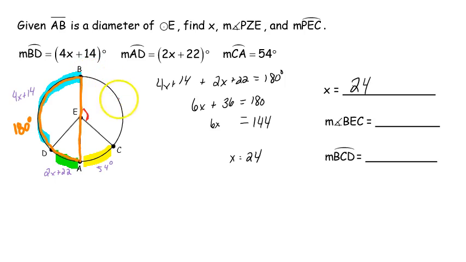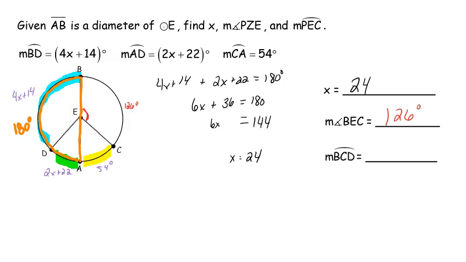I know that this arc BCA is 180 degrees, again going back to segment BA being a diameter. So I can just take 180 minus the 54, which is CA, again this is my arc addition, and 180, the whole thing, minus the 54 is going to leave me 126 degrees. That's the measure of that arc. That's also the measure then of the central angle.